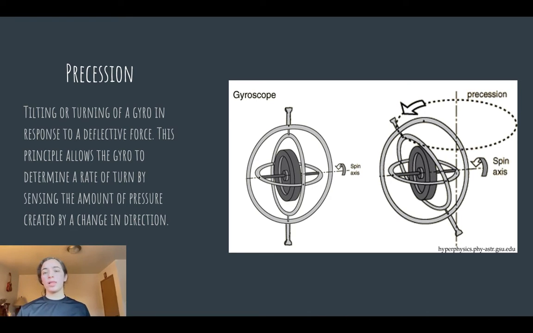This principle allows the gyro to determine a turn by sensing the amount of pressure created by a change in direction. Precession can create some kind of error in some of the instruments, and in some others it might be necessary to do some type of corrective alignment during the flight, such as in the heading indicator.